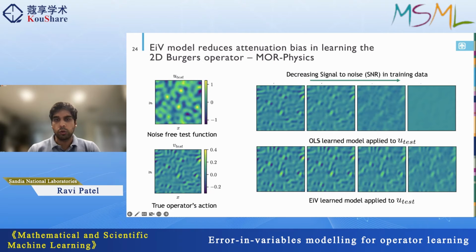If you use ordinary least squares, as shown on the top, as you add more noise into u, the more you underpredict the true operator. Whereas if you use our errors-in-variables model, we're able to recover the action of the true operator, even for very high amounts of noise.